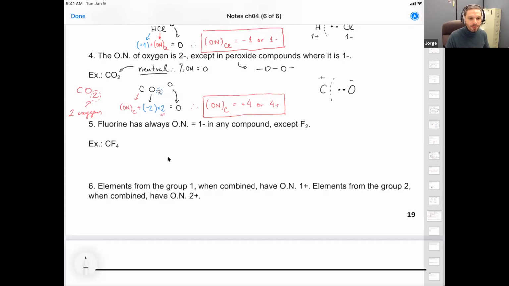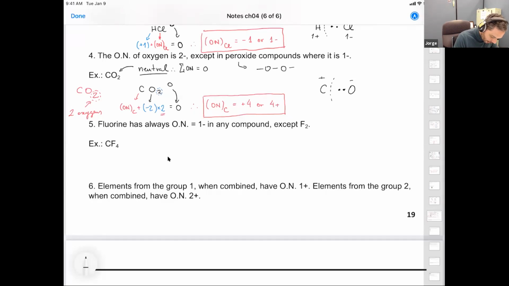So the example that I want to show you is for the CF4 compound. So again, we know that the fluorine has oxidation number equal to 1 minus in any compound except F2. We know that this compound is neutral. So the goal here is to determine the oxidation number of carbon.